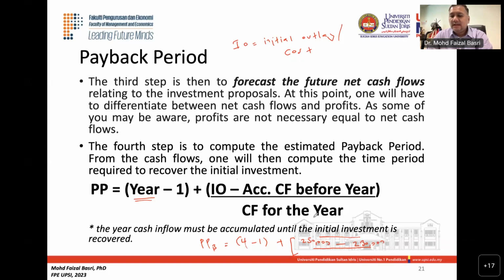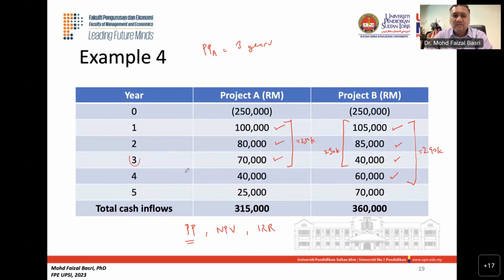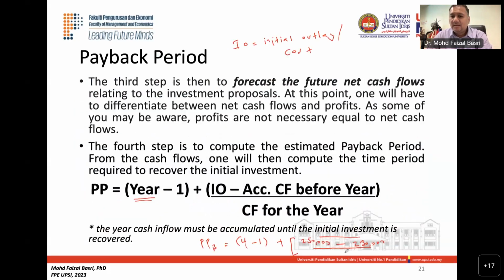And the cash flow for the year, meaning the cash flow for year number 4, is this one, or the difference between the two, which is 60,000. So divide by 60,000. Then solve the equation.